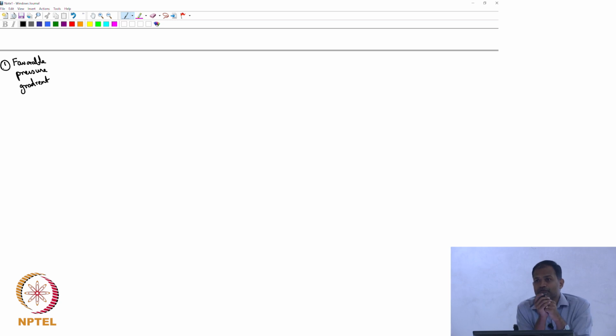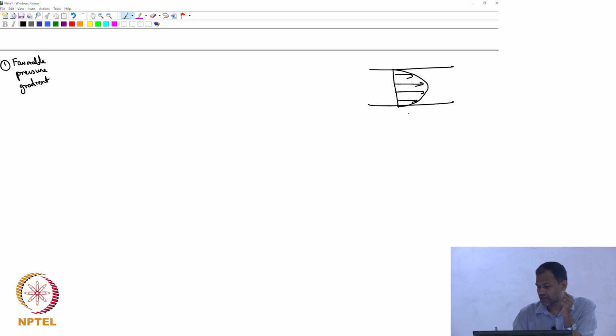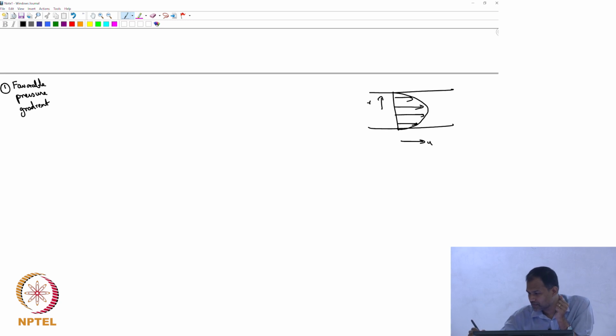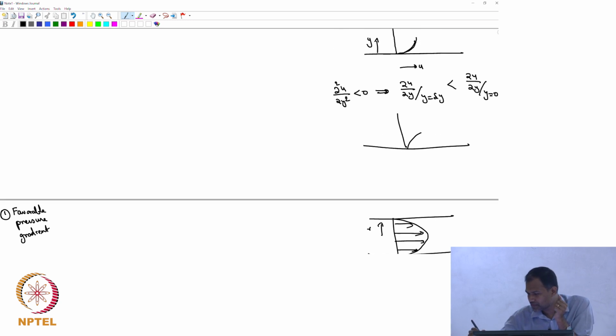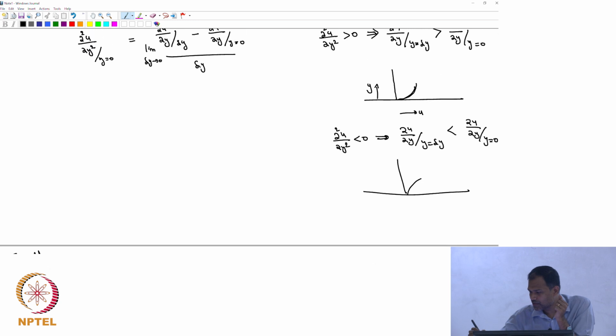It's a velocity profile, no? So how do you draw a velocity profile? That's your u, that's your r or y or anything. Did I draw it wrong? So let's look at the first case.